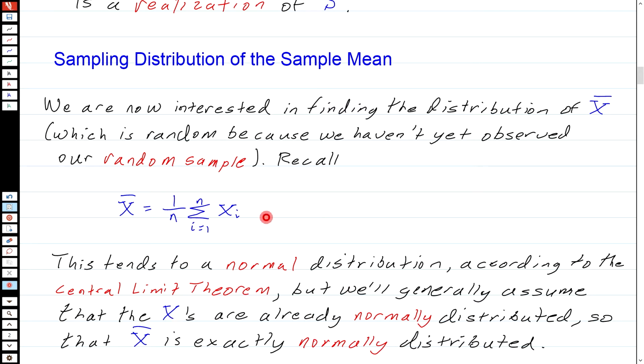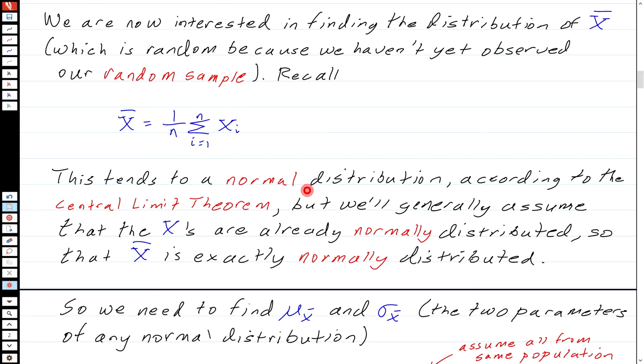And the reason we do this is we'll see later, if the sigma is not known and we replace it with s, the s itself only follows a chi-squared distribution if the x's are normally distributed. And in fact, x bar standardized by subtracting the mean and dividing by s over root n only follows a t distribution if the x's are normally distributed.